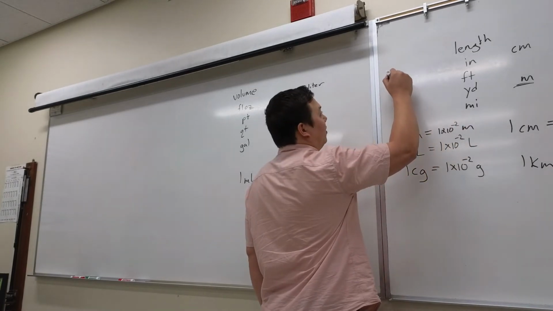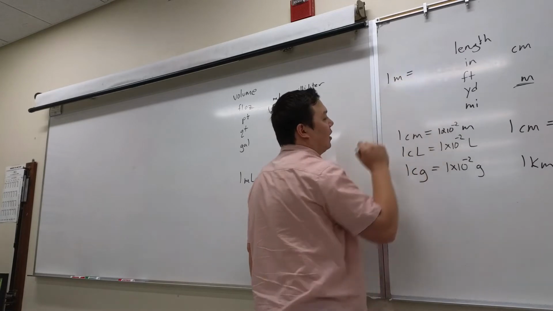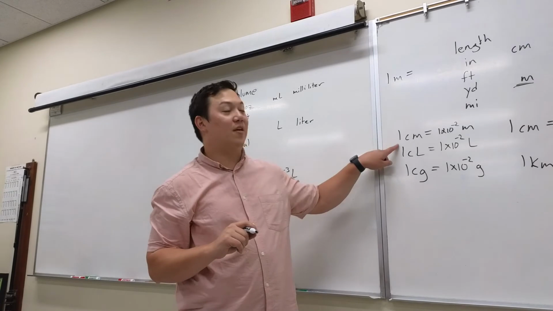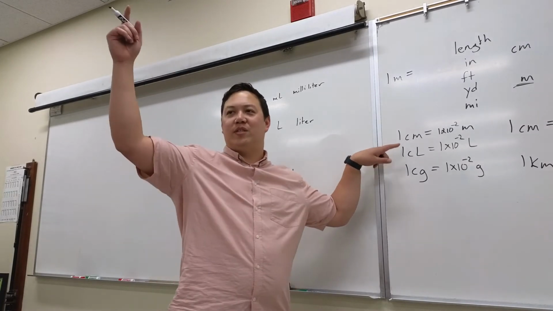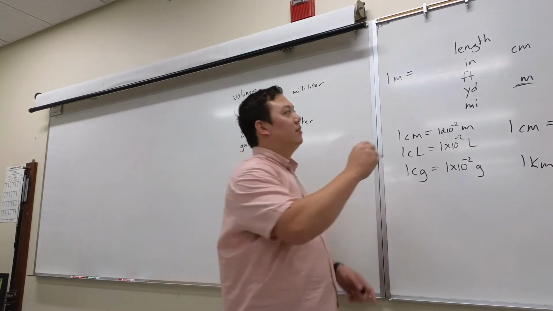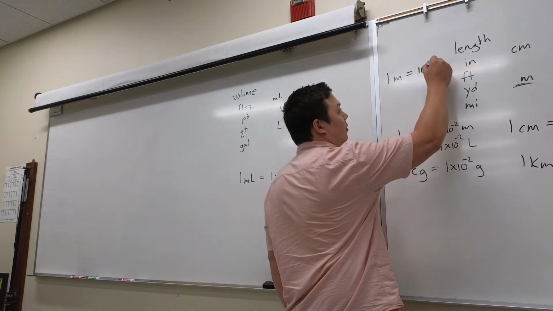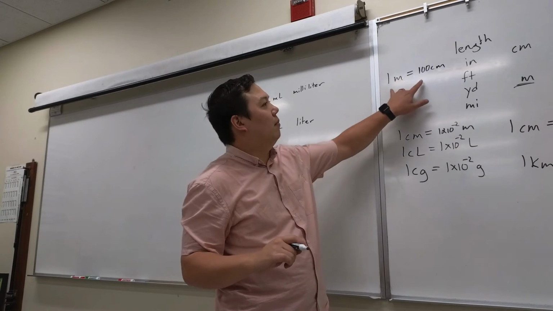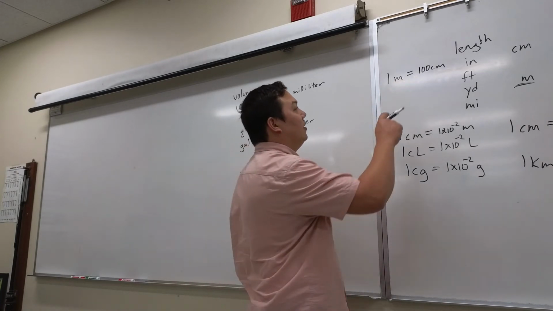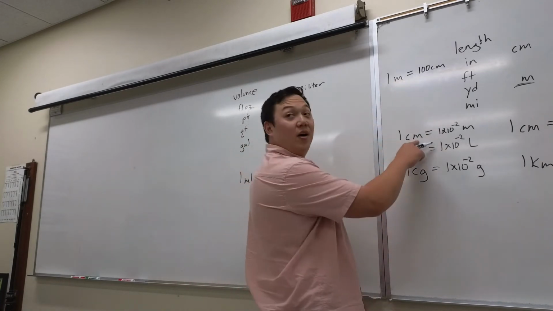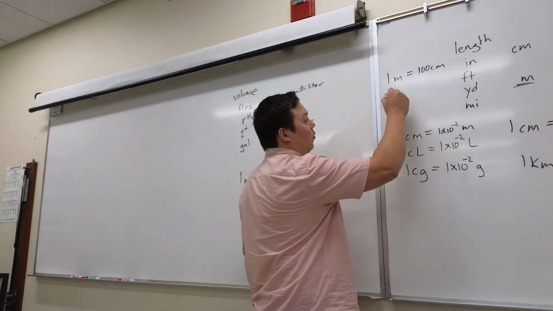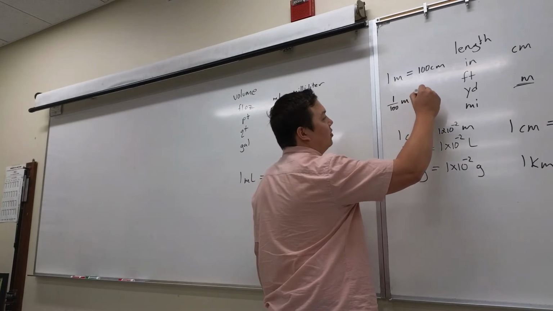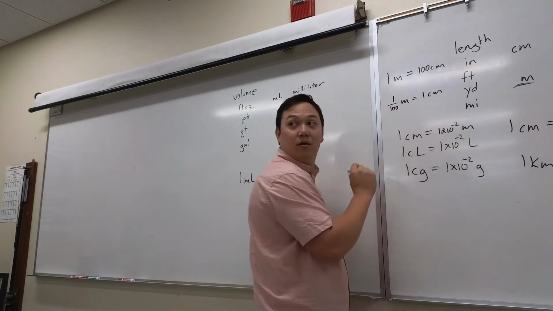So if I had 1 meter, how many centimeters would that be? If one of these is 100th, it would be 100 centimeters. Right, so if you took this and you said one of these is 100th, so 1 over 100 meters equals 1 centimeter.